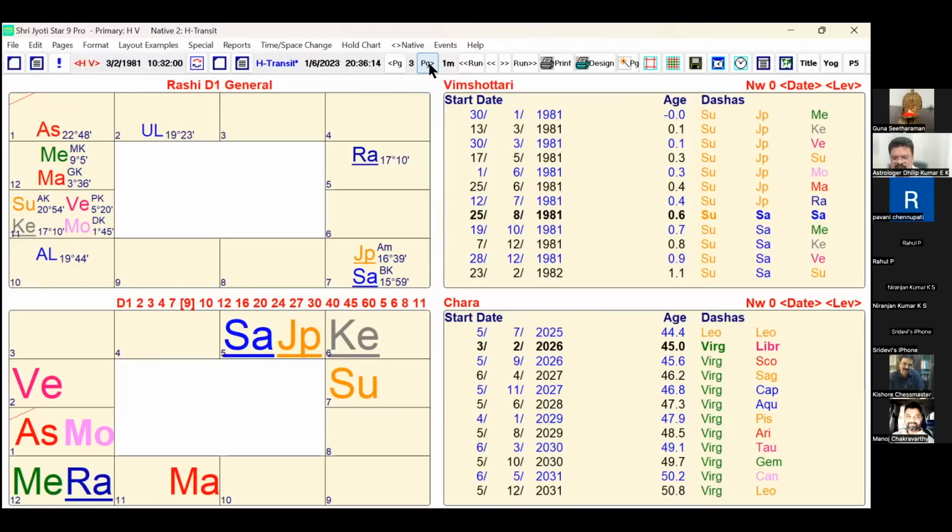You see, there is always a theme, something that stands out in a horoscope. What is that? A close, tight conjunction between the Lagna Lord Jupiter and Saturn, opposite. Jupiter is opposite to Saturn. Yeah.